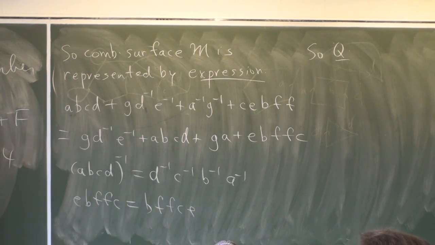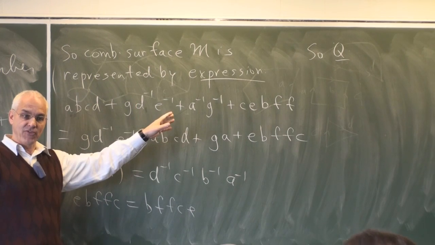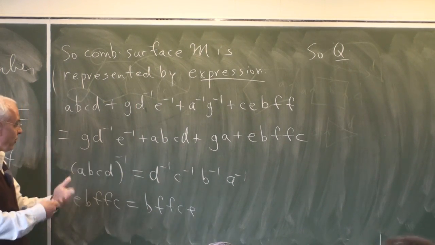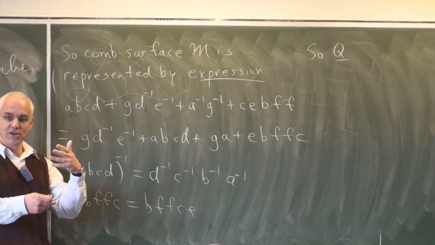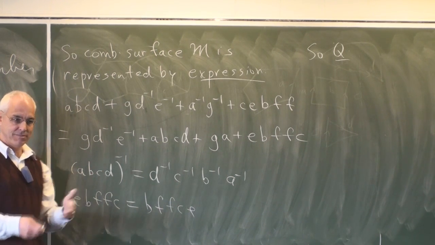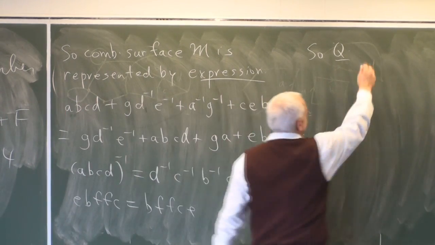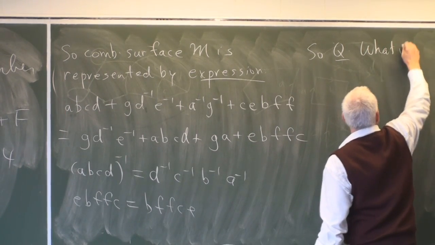Right. And now we see that one way of getting at that is to say, well, a two-dimensional surface is really a word or an expression created with symbols with certain rules that allow us to change the expressions. Namely, these kinds of rules.